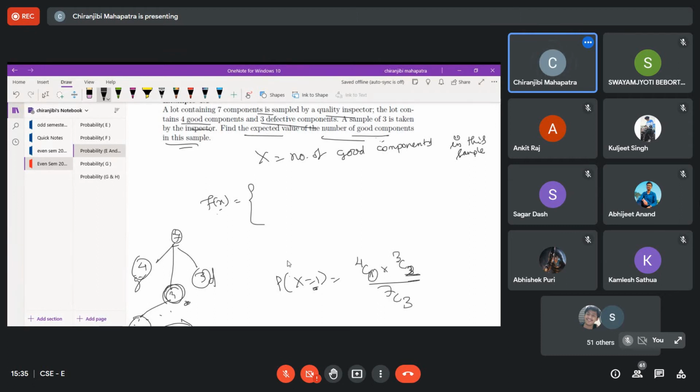Then into 3C2. That means here 3 elements are there. Out of 3, as 1 element I have already taken, remaining I have to choose only 2 elements. So 3C2 is equal to this one. And obviously the sample space is 7C3. Fine?